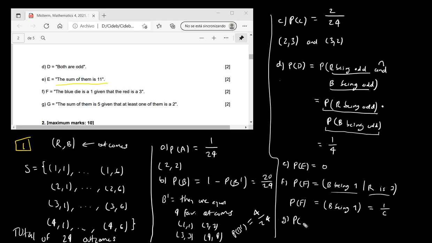And finally, the probability of G, the sum of them is 5, given that at least one of them is a 2. Okay, this sounds a little more complicated. You should realize that this is the first event, this is the condition, and this is the conditional.